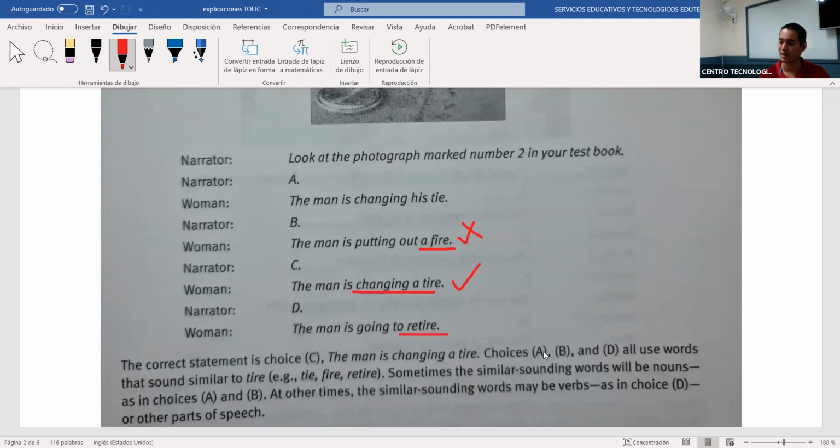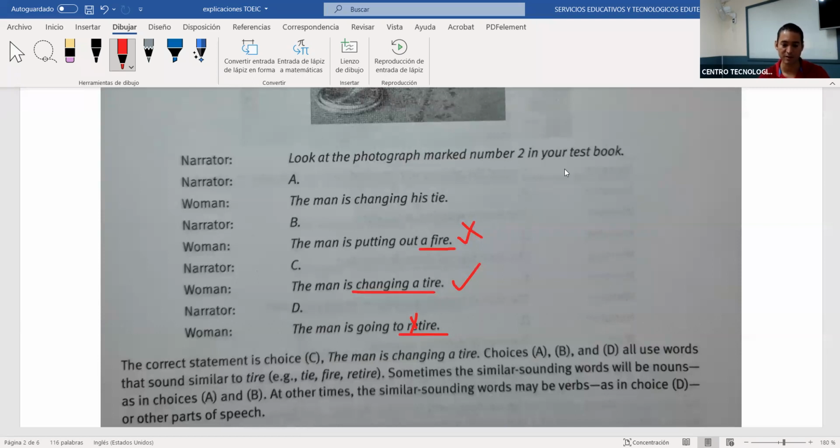The man is going to retire. Probably if you were not paying attention, you said tire, that's the option, but you didn't pay attention to retire. So pay attention and be careful with similar sounding words. These words are distractors. They want to trick people, okay?